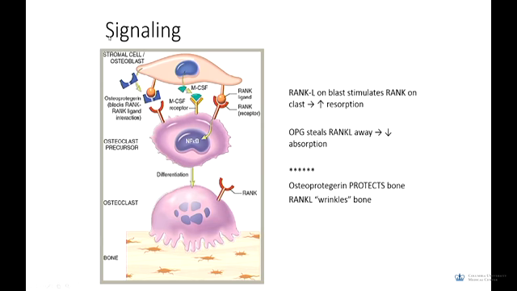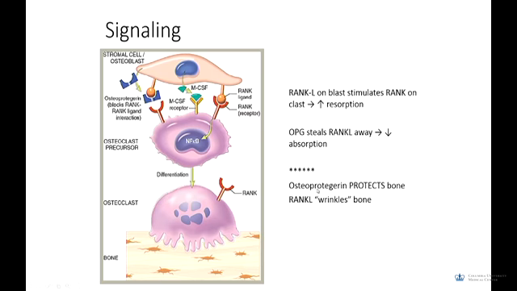So this is all under regulation by these tiny molecules that signal everything. The RANK ligand is produced by osteoblasts, and it binds to RANK receptor on the osteoclasts, which basically tells the osteoclast to differentiate into mature osteoclasts and then to chew down the bone. OPG is basically a decoy for RANK ligand, so it binds to the RANK ligand and it decreases resorption.